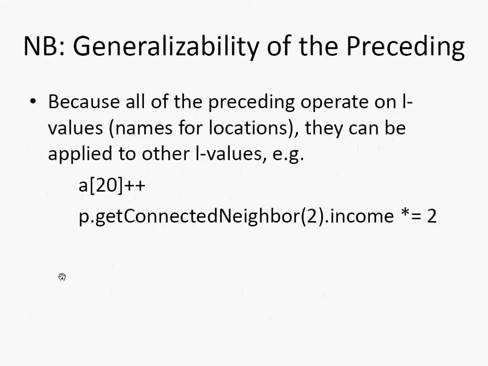This is saying, I'm pointing to a person, get their connected agent, number 2, take their income and multiply it times 2. This should be connected agent, not connected neighbor. I can't modify it here, I'll modify it elsewhere.